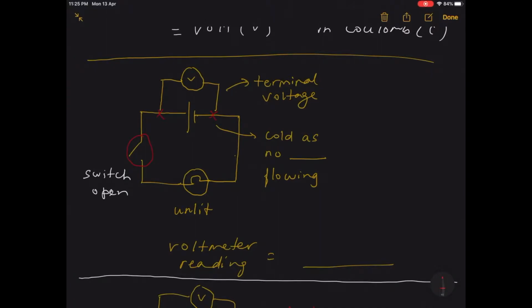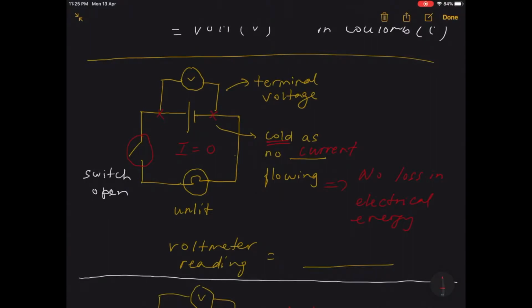Because when the switch is open, there will be no current, so the current is 0. If the current is 0, you'll find that the battery is cold because there is no current flowing. In other words, there will be no loss in electrical energy.